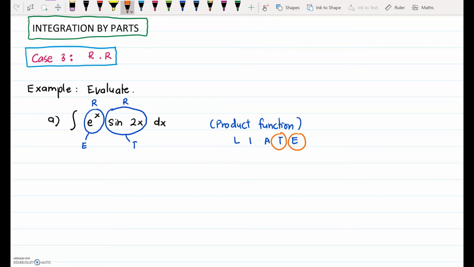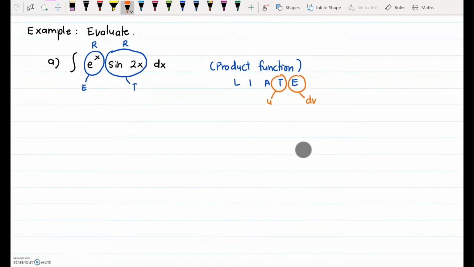The function which comes first from the left will be your u, and the other will be your dv. So let u be the trigonometric function, sine 2x, and dv is e^x. Don't forget, please bring along your dx.